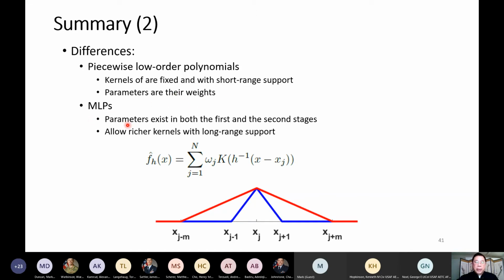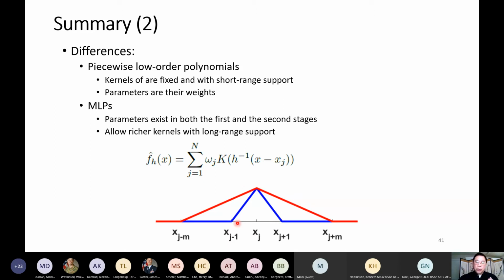But with the MLP, you are able to choose parameters in the first and the second stage. In the first stage, you allow much different kinds of kernel. You can use a small compact support. You can use a large compact support. That's the power of MLP.